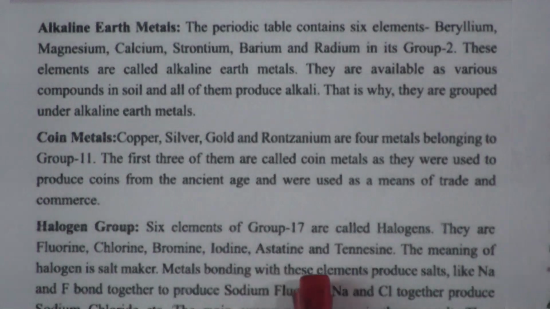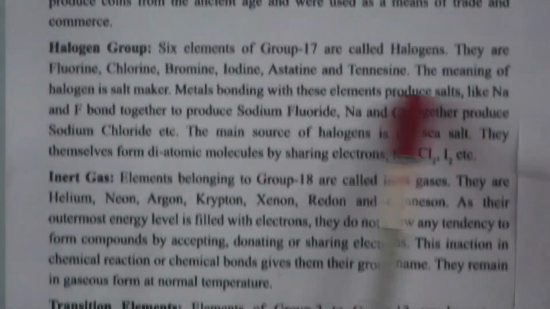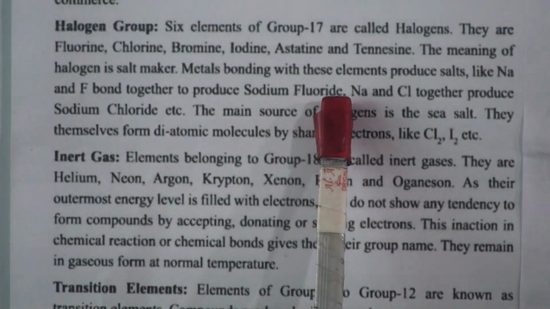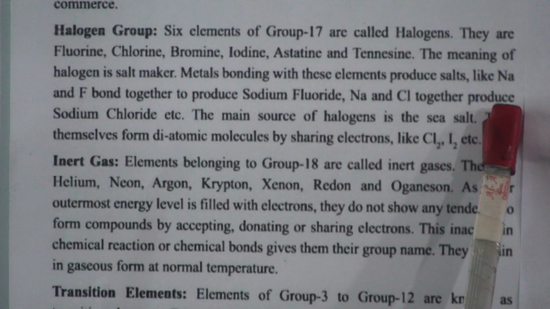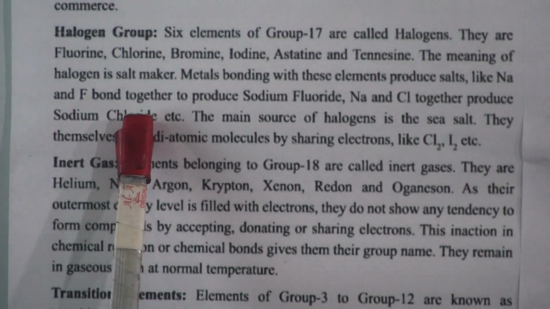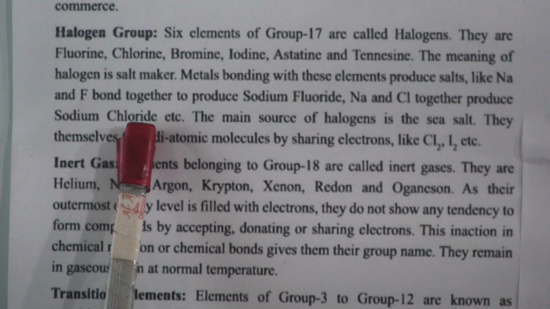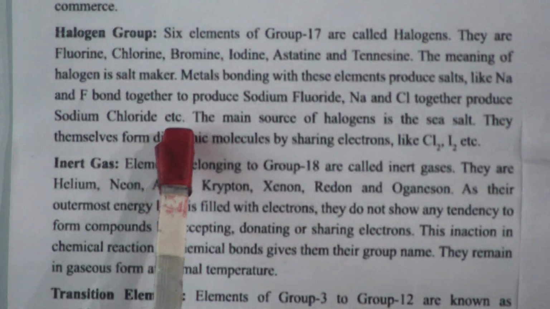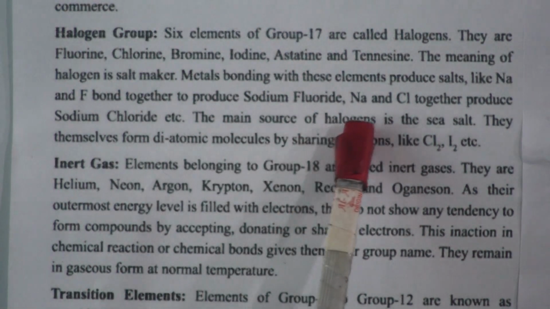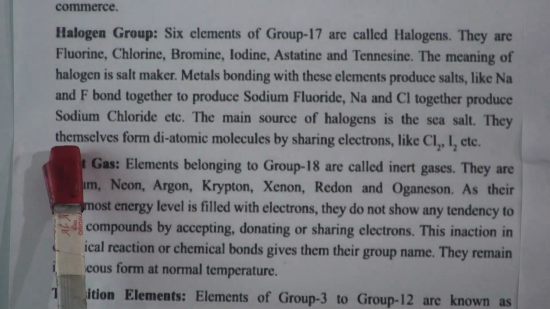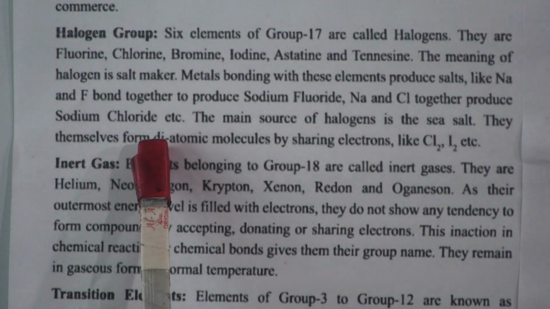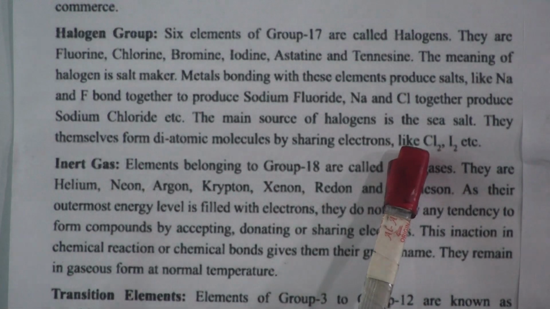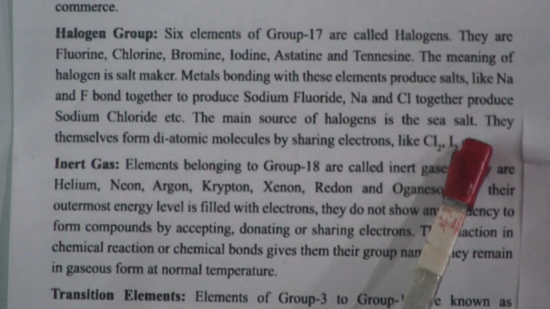Metals bonding with these elements produce salt, like sodium and fluorine bond together to produce sodium fluoride, and sodium and chlorine produce sodium chloride. Both are salts, and the main source of halogen is sea salt. They themselves produce diatomic molecules by sharing electrons, like Cl2, I2, etc.